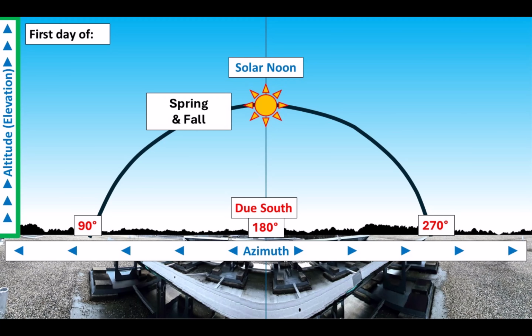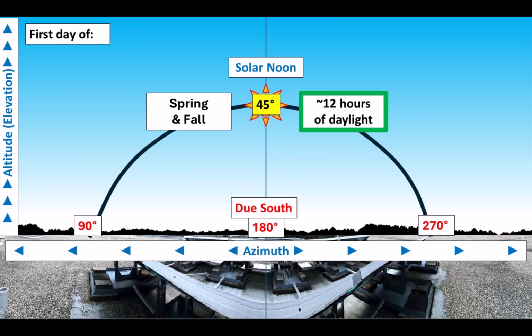At this location on the first day of spring and fall, that altitude is about 45 degrees high in the sky, the angle from the horizon to the center of the sun's disk. And finally, at this location on the first day of spring and fall, there are almost exactly 12 daylight hours, 6 hours before solar noon and 6 hours after.